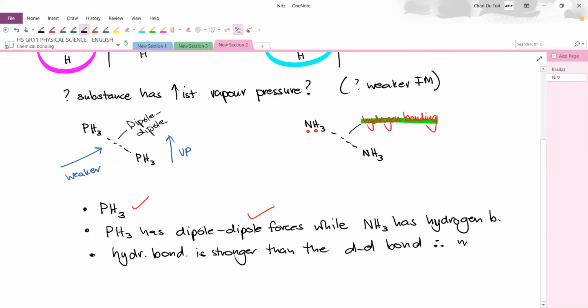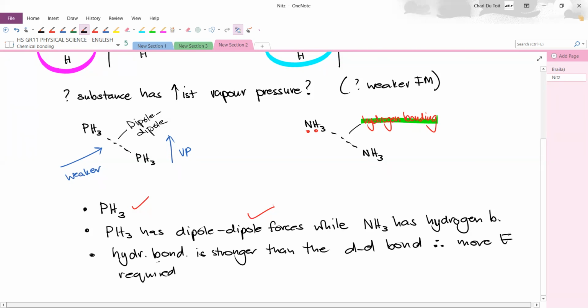Therefore, more energy is required. Or you can say less. Maybe it's better to answer in a way that amplifies our answer.